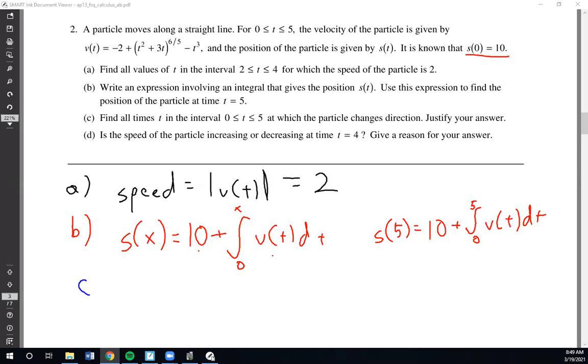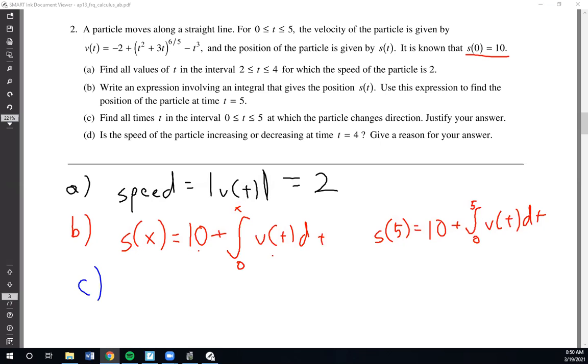Part C. Find all times that the particle changes direction, justify your answer. Anytime it says justify your answer, I usually start with the justification, because then my calculus thinking is done, and then I can just let the calculator do the rest. So we are going to find where the particle changes direction.